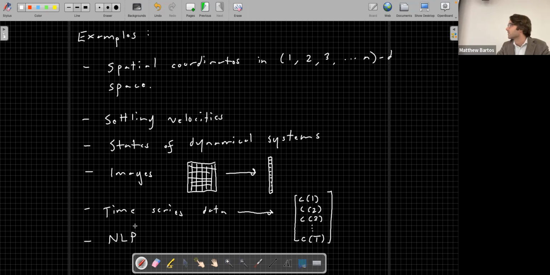So this class will give you a good foundation, if you haven't already gotten one, in how you can formulate data into vectors and use linear algebra operations to reason about it. Okay. Any other examples you want to volunteer for vectors?